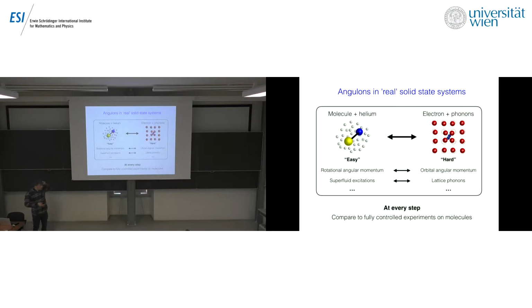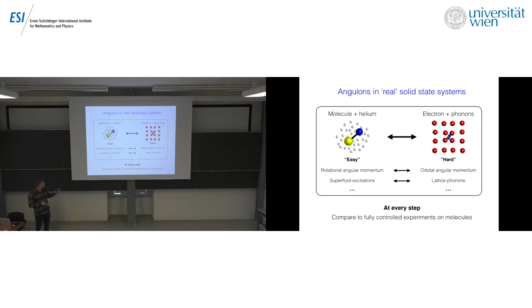So the philosophy that we have here is a little bit along the quantum simulation line, although we don't call our activities that way. The idea is that we have this system which is quite controllable. It's not as controllable as ultracold gases, but on the other hand, it features quite strong interactions, so it is a bit more complicated to understand, but it's still possible to understand molecules in helium. And then there is a system that is much harder to understand: electrons in solids.